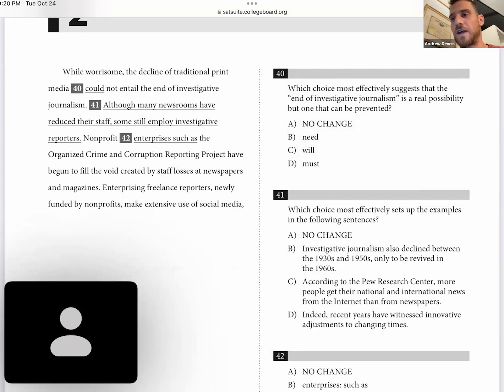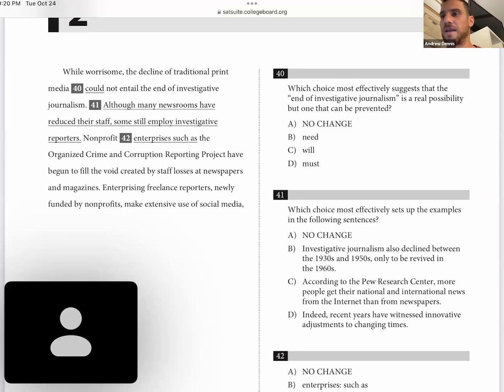Which choice most effectively suggests that the end of investigative journalism is a real possibility, but one that can be prevented? While worrisome, the decline of traditional print media could not entail the end of investigative journalism, need not entail the end of investigative journalism, will not entail the end of investigative journalism, or must not entail the end of investigative journalism.